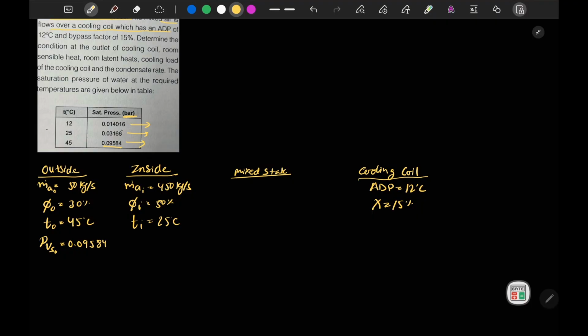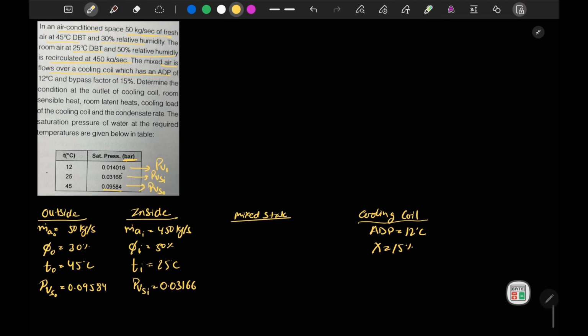Now this is 25 degrees Celsius, our inside temperature, so PVS inside is equal to 0.03166. Similarly, this is 12 degrees Celsius, since it is the ADP, so ADP means this is our DBT, and it can also be written as PV at 1. Now why at 1?